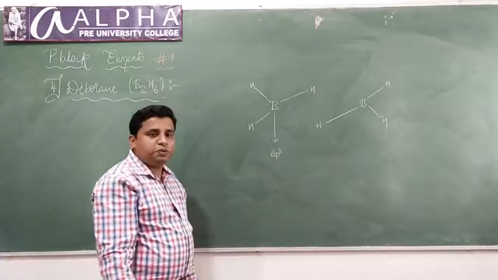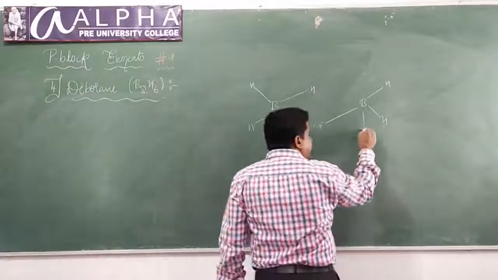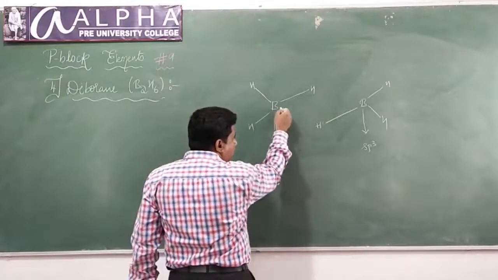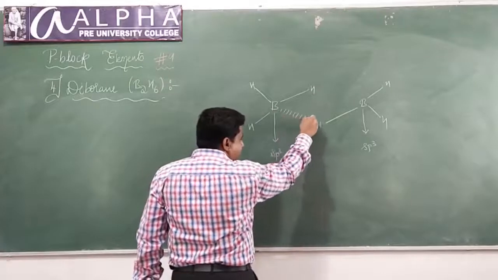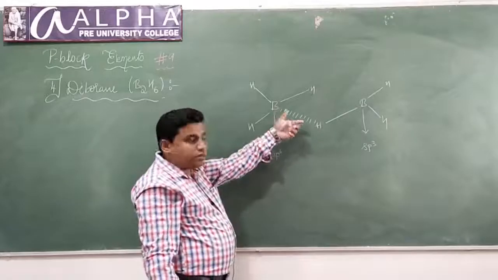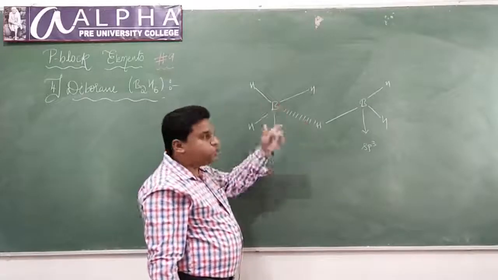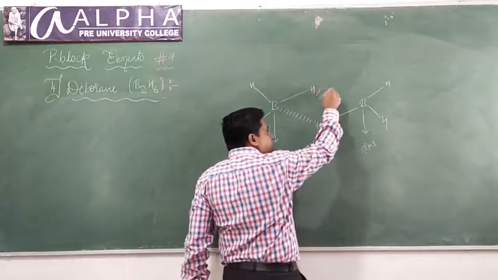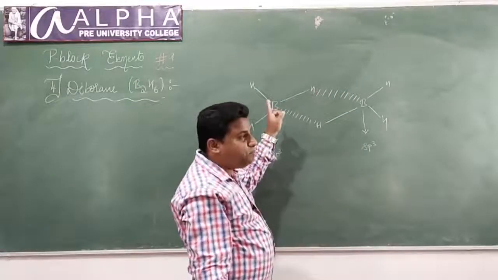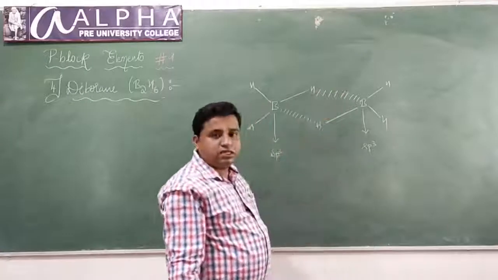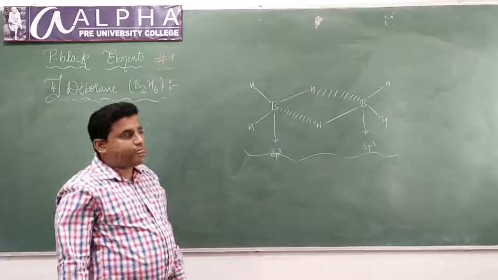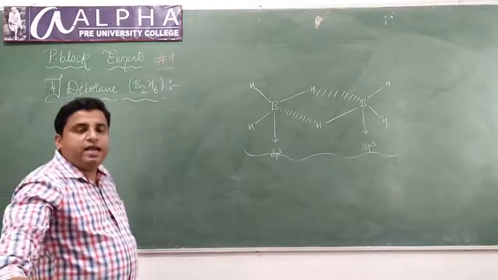So this is sp3 hybridized, this is also sp3 hybridized. There will be bonds now: this hydrogen will try to form a bond with this boron, and this hydrogen will form a bond with this boron. So the entire molecule is called what? B2H6, isn't it? This process is called what? Dimerization. The whole process is called dimerization.